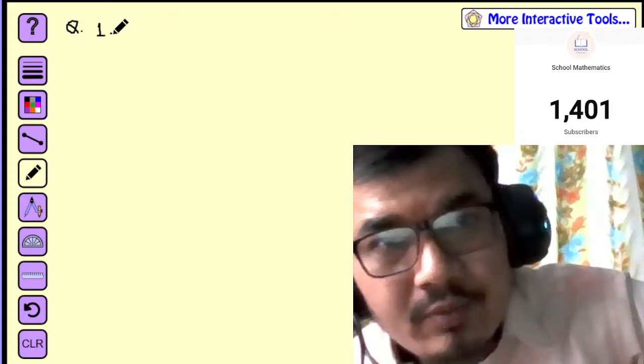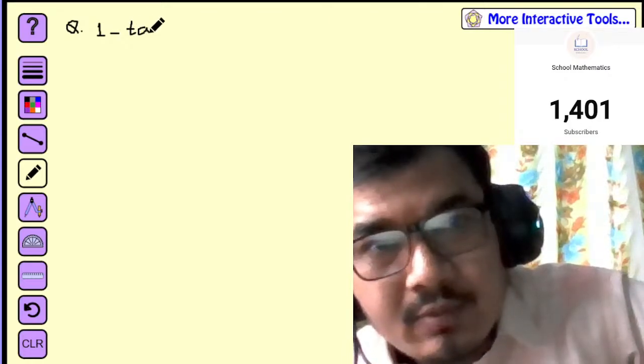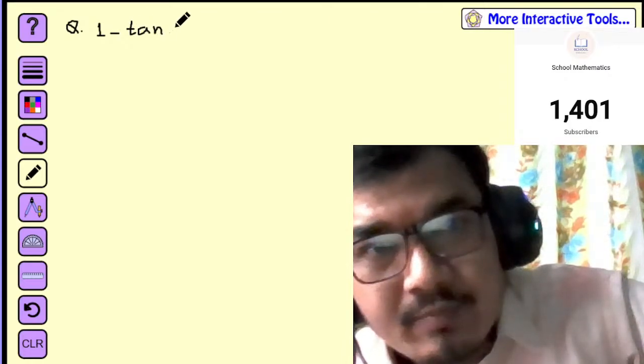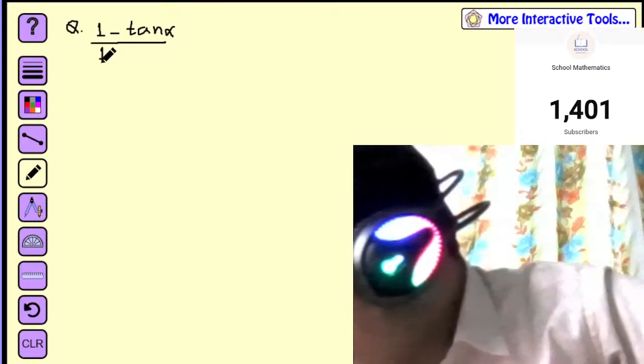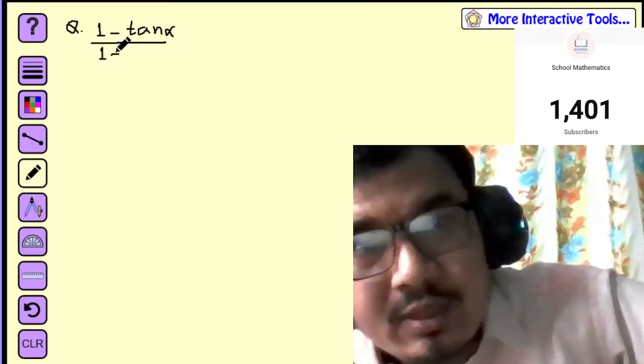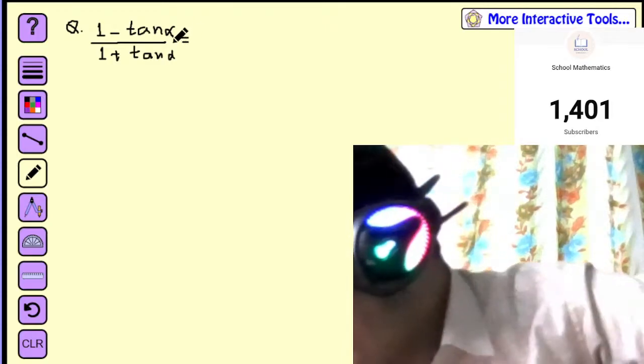If there is given 1 minus tan alpha, right, and by 1 plus tan alpha. Okay, there is the question like this: 1 plus tan alpha, and its result we need to bring.